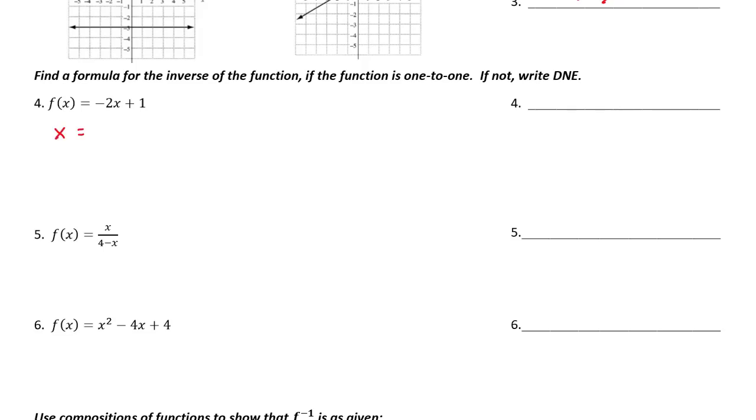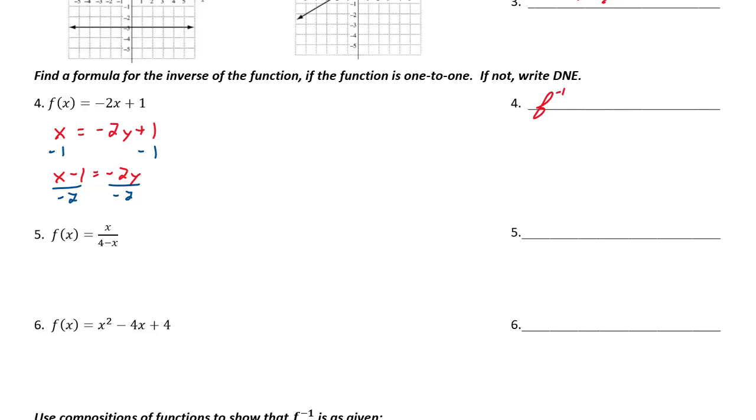So this will now become x equals -2y plus 1, and then go through and solve for y. So first thing would be subtract the 1 over, so I'd have x minus 1 equals -2 times y, and then divide by -2. That result now would be our final result.